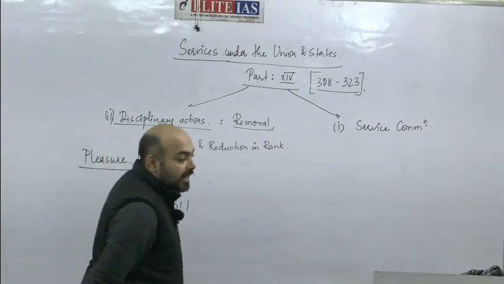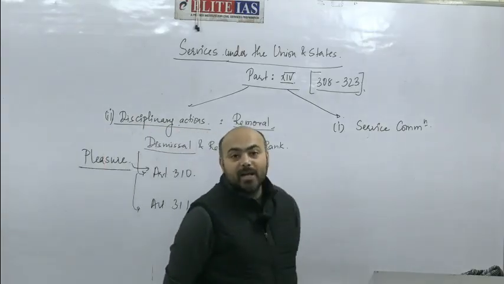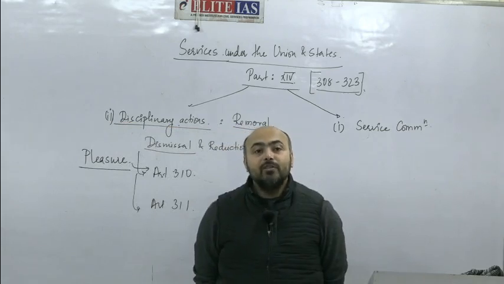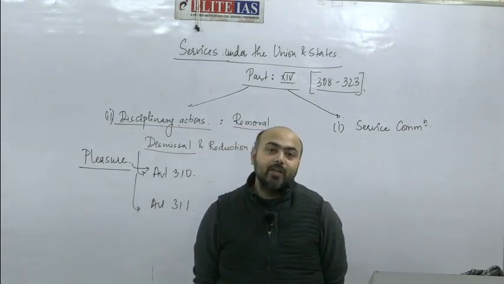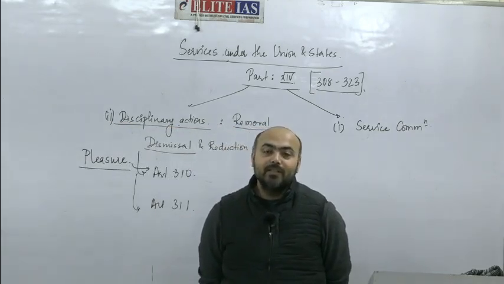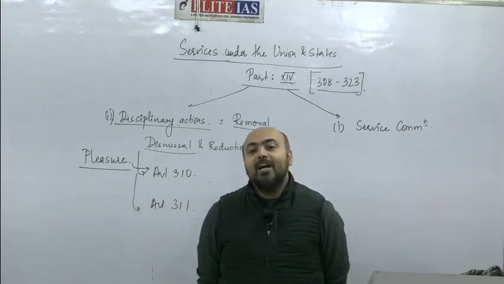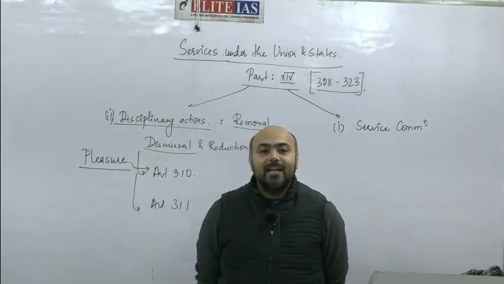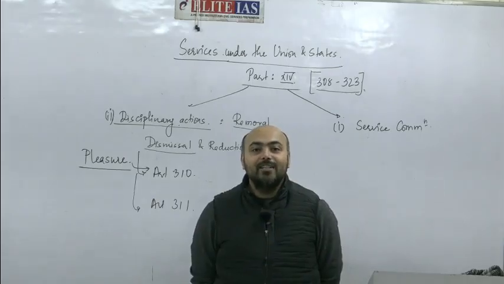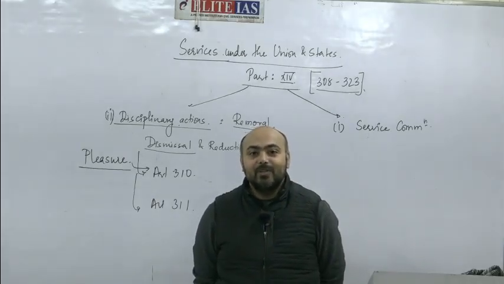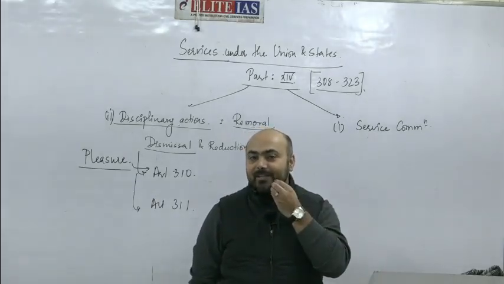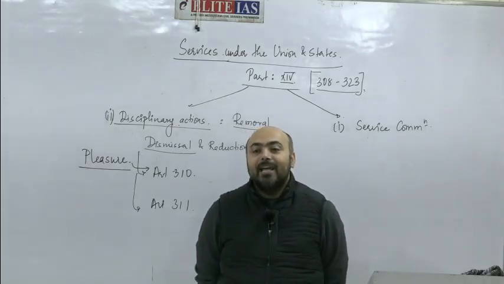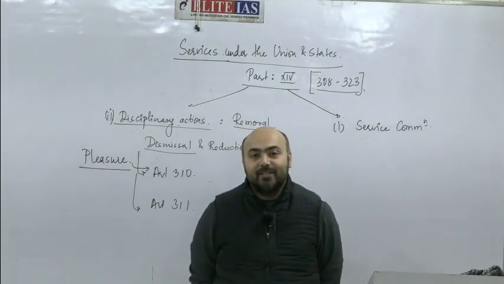There was an individual in the state of Bihar, Gautam Goswami. He was one of those civil servants who remained a lot in the limelight because when L.K. Advani had organized his Rath Yatra for the Ram Mandir, it was Gautam Goswami who stopped it when it reached Bihar.